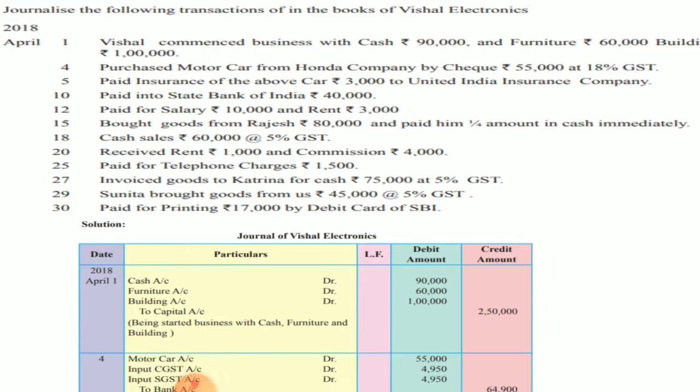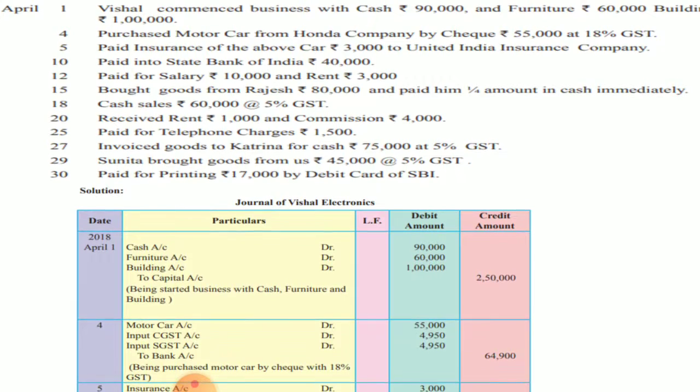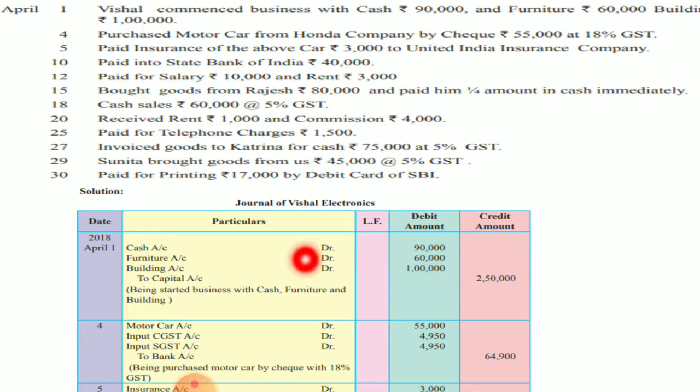Here it has started with cash, so cash 90,000 debit, furniture debit 60,000, building debit 1 lakh. So total of this is 2,50,000. So this will be your capital. So to capital account 2,50,000 in the credit column. Being business started with cash, furniture and building.